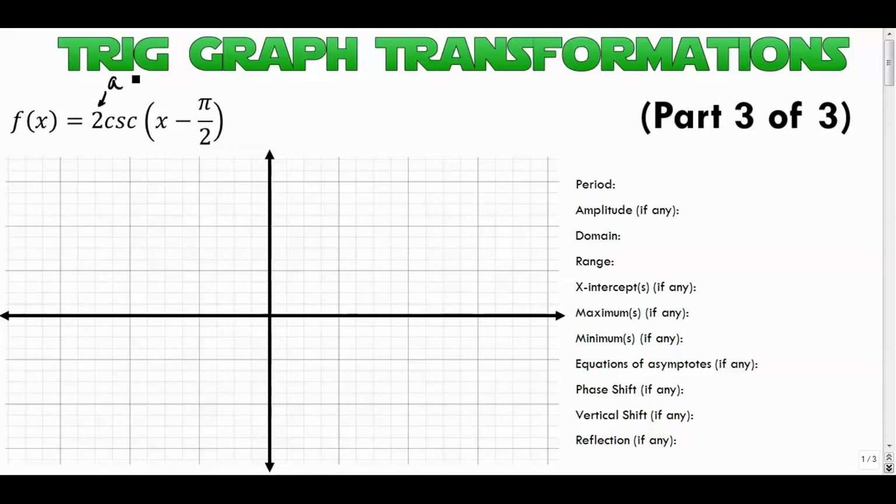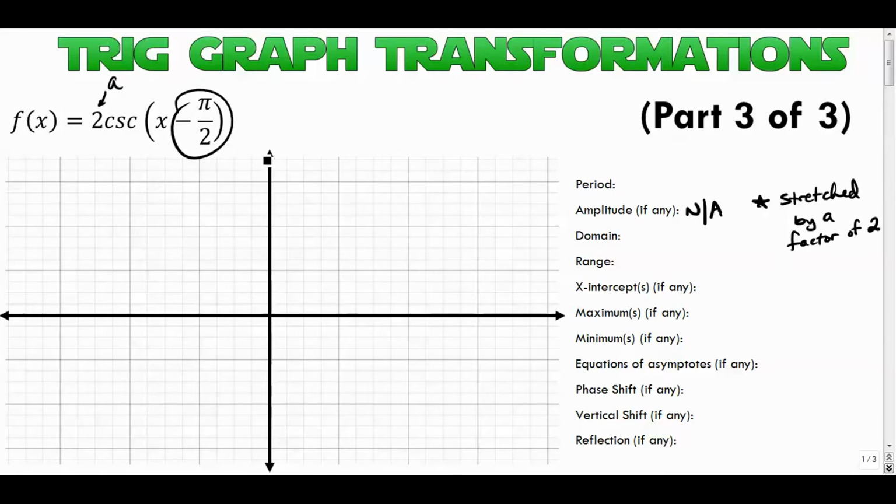That's my a value that changes the vertical stretchiness of the graph, if you will, or the height of the graph. But cosecant to begin with doesn't have an amplitude, so this one's not either, but I am going to put in parentheses here that it gets stretched by a factor of 2.